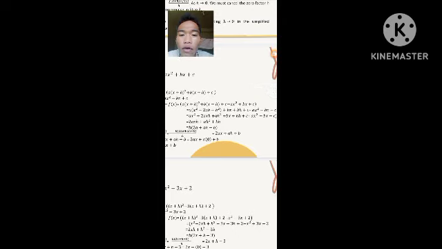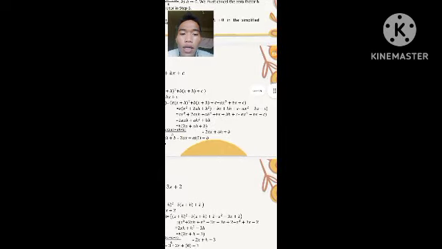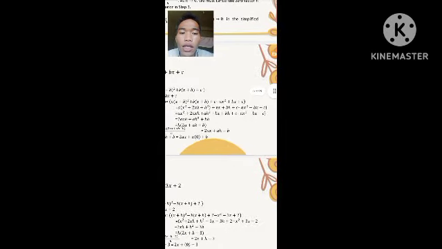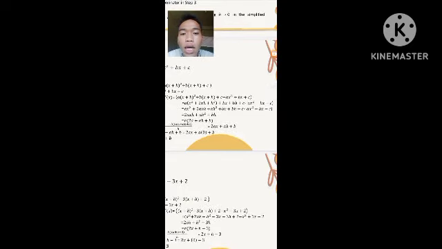In total we have ax squared plus 2axh plus ah squared plus bx plus bh plus c minus ax squared minus bx minus c.